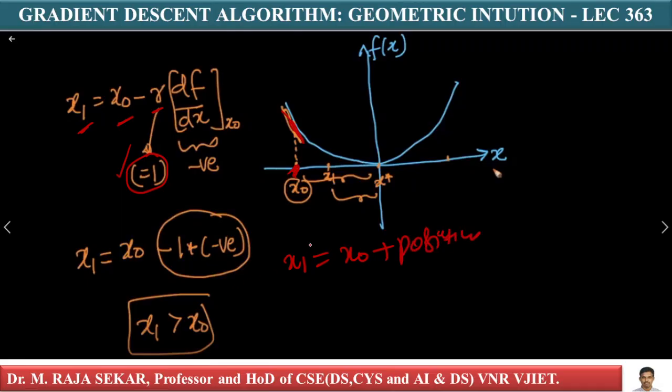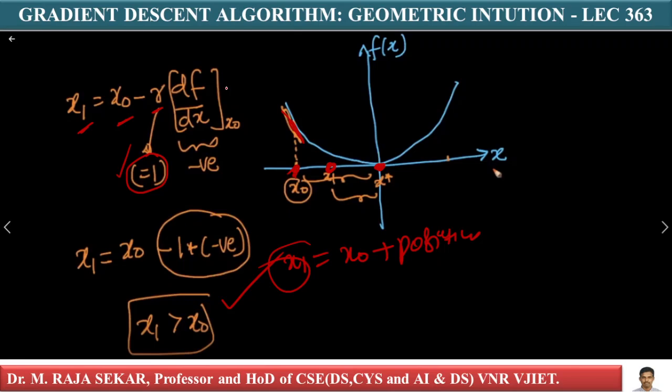What does it mean? Your x1 is bigger than x0. Your x1 is somewhere in between x0 and x star, the optimal solution. What is our update rule? x1 equal to x0 minus r into df by dx.